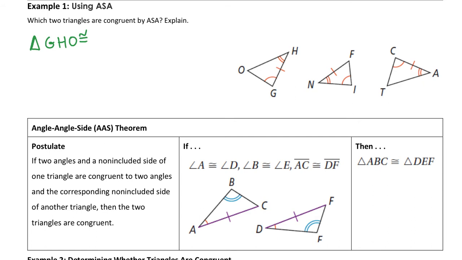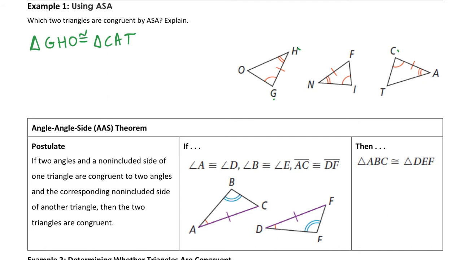It is going to be congruent to triangle CAT. And the reason I named it in that specific order is because G has a single marking, C has a single marking, H has two markings, A has two markings, O has 0 markings, T has 0 markings.